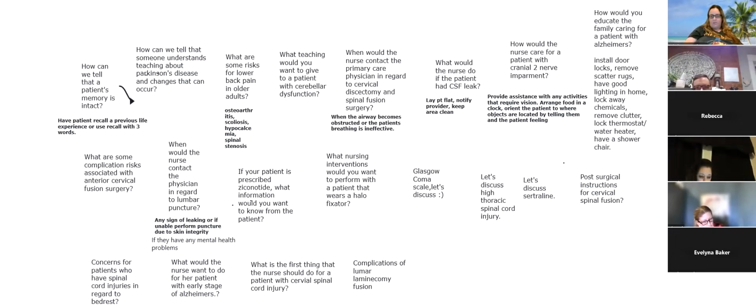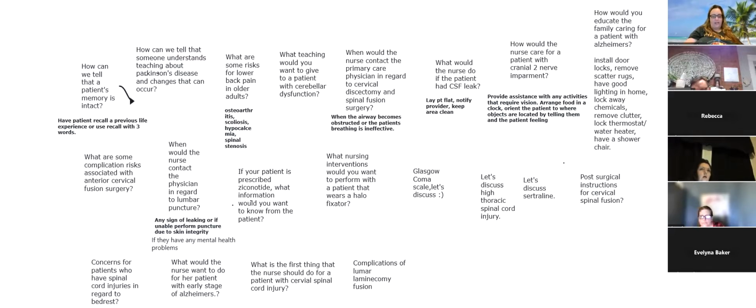All right, so let's see here. Let's talk about sertraline. What is sertraline? Zoloft. Mm-hmm. That would be Zoloft. Okay, so what do we use that for?